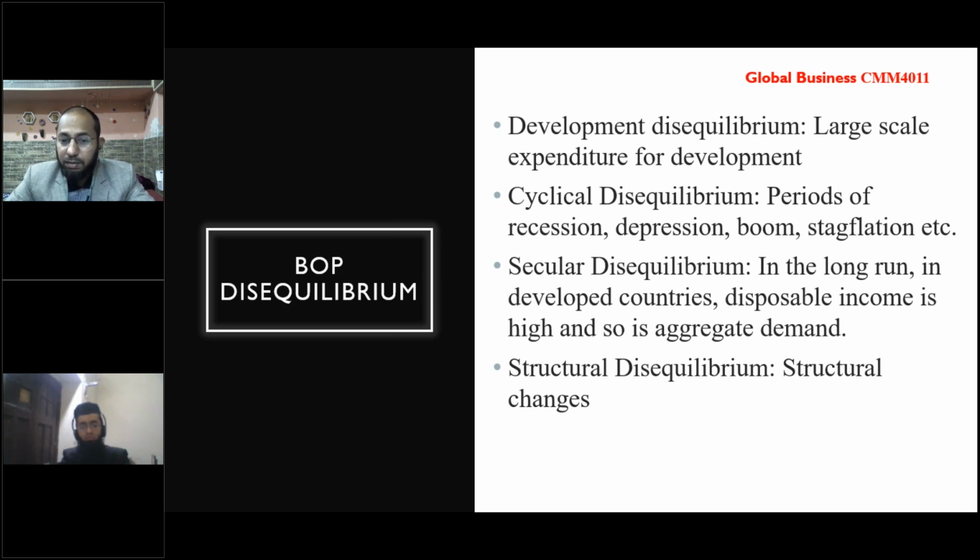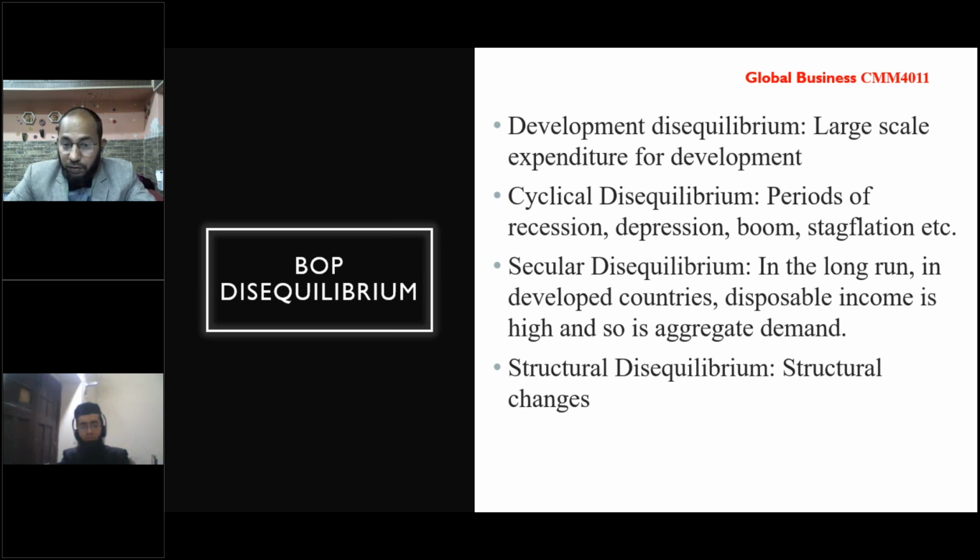For example, in developed countries, in the long run, because they see economic growth for a very long period of time, or even a moderate economic growth with stability for a very long period of time, their disposable income increases. Now, when their disposable income becomes high, they have lots of money at their disposal. So then they start purchasing things which don't belong to their country, but which belong to the rest of the world, because they are more attractive. They give them an aesthetic sense.